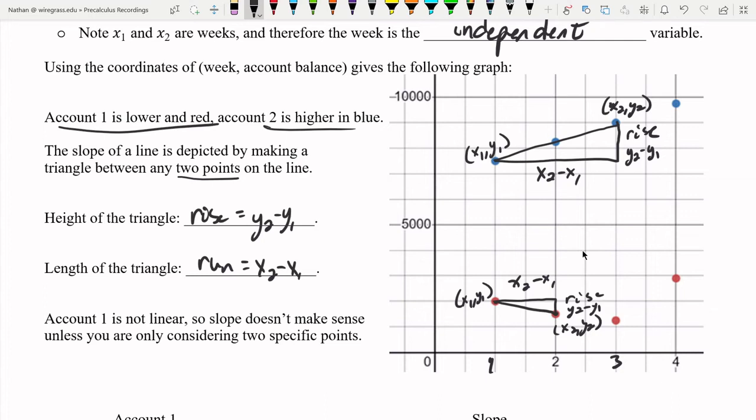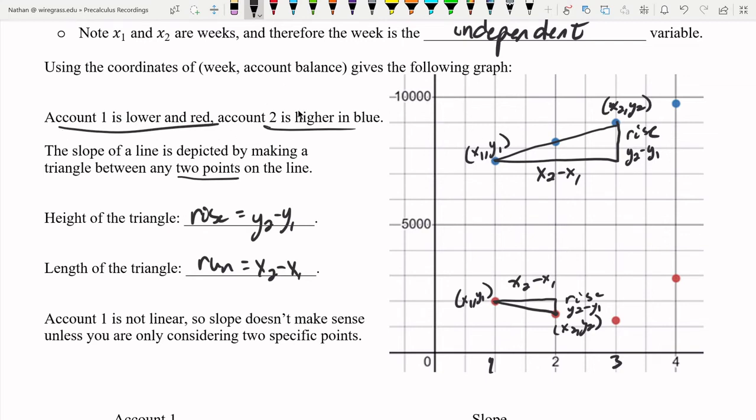Now, if the function you're looking at, whatever it might be, or the relation you're looking at, is not linear, the slope doesn't make much sense for the entire data set. It does make sense for a linear function, because this slope is going to be constant no matter which 2 points you look at.